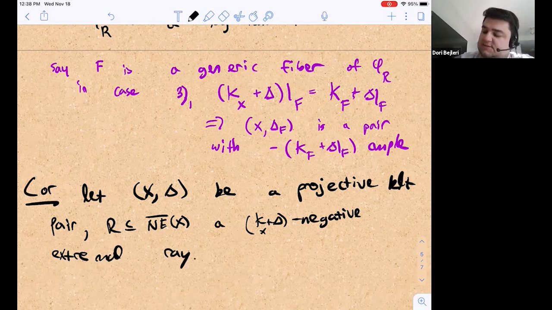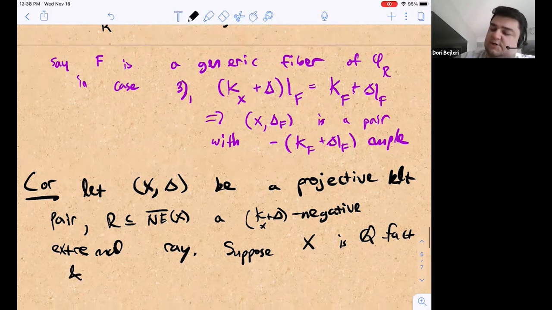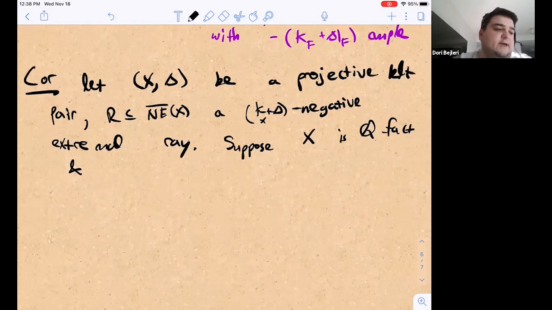Again, let's suppose that X is Q-factorial, and suppose that the contraction of this R is either case 1 or case 3.